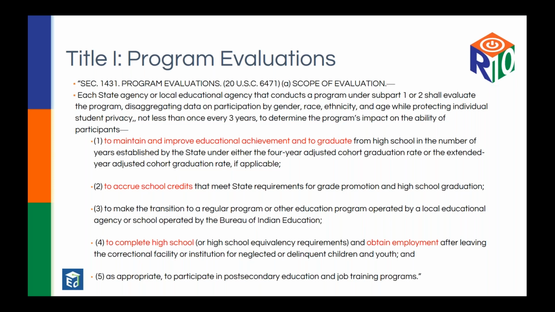It has your Part A, your Part C, and your Part D, and parent and family engagement is included under Part A. So Section 1431, it does require that you have your program evaluation itself in order to maintain and improve educational achievement and to focus on graduating from high school, to accrue school credits, transitioning if you do have an LEA or school operated by the Bureau of Indian Education, which obviously does not apply to us here in the state of Texas. Number 4, to complete high school and obtain employment thereafter. And then as appropriate, participate in post-secondary ed and job training programs.